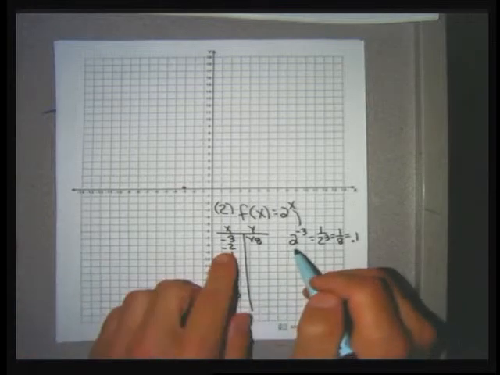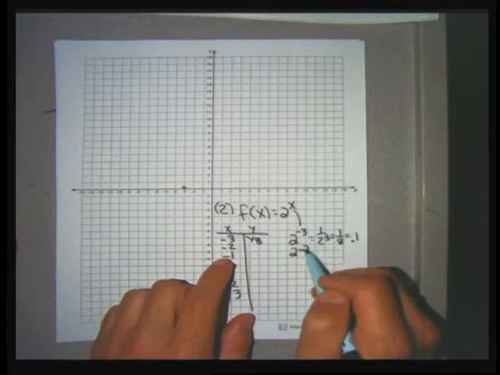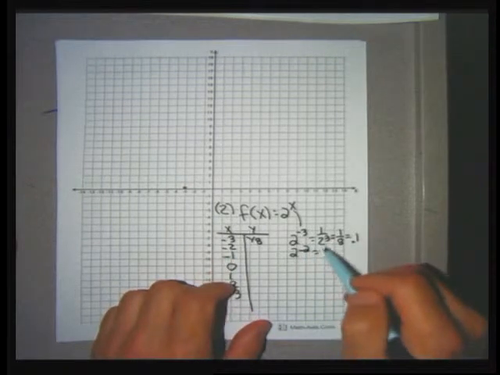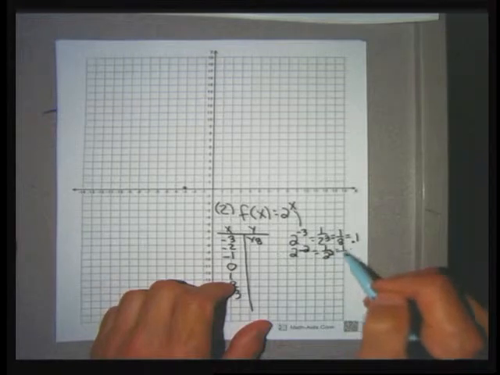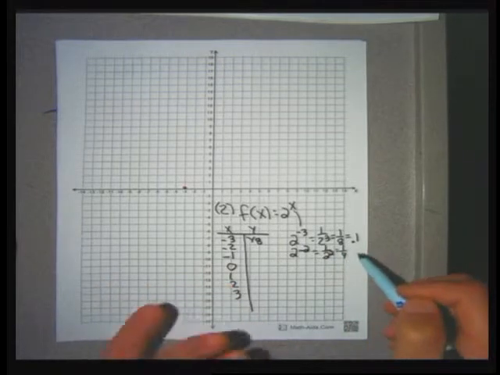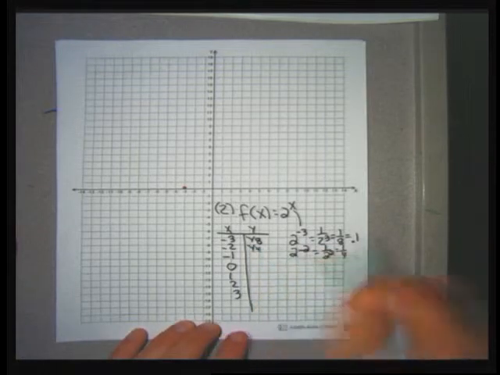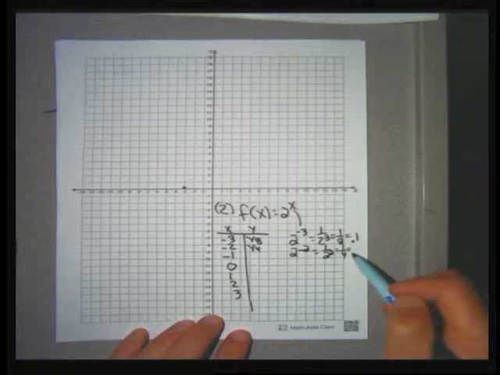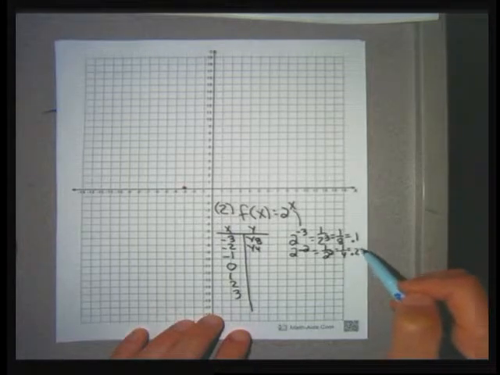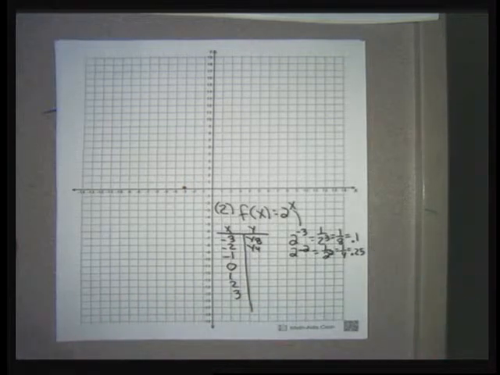The second point I'll get by plugging in -2 for x. I'll go 2 to the -2 power, and that will give me 1/2 squared, which is a fourth, and a fourth is 0.25. I'm going to write a fourth here. You could write 0.25, or you could round it up to 0.3. This might be one of the rare times that I give you 2 decimals, but if you wrote 0.3 because I said to round to 1 decimal, I can hardly take points off.